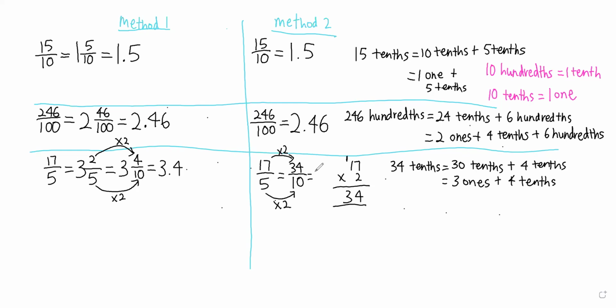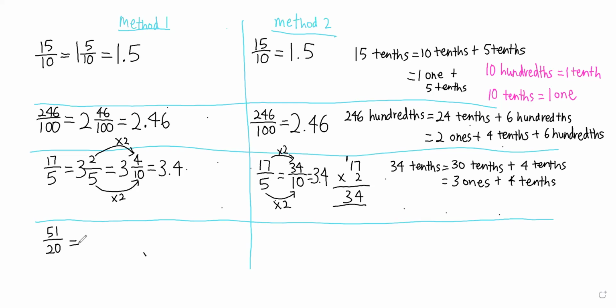Okay, so 3 ones and 4 tenths. Let's look at one more example. Let's say now I have 51 out of 20.